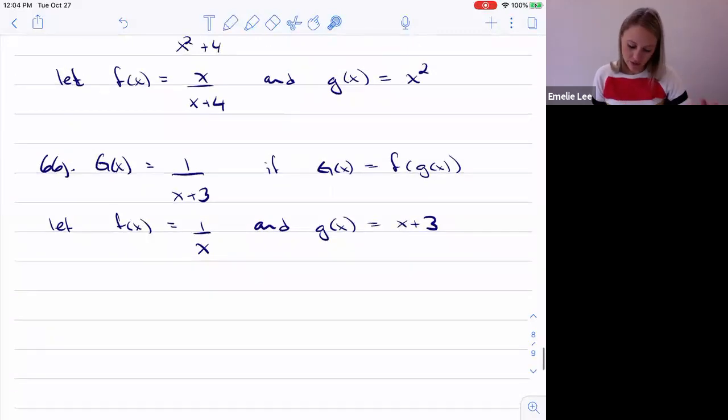That's kind of a clever way to put this thing together, right? X plus 3 is getting put in here. Instead of just saying, okay, I'm going to let g of x be x and f of x be 1 over x plus 3. It works, but it's not very clever. Right? So this is the most obvious substitution that we could do.